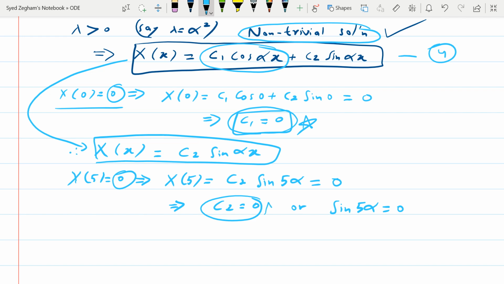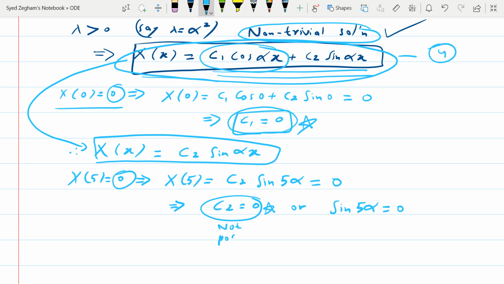If you take C2 also as 0, this solution will become 0, which will be a trivial solution. So this case, that C2 is also 0, is not possible, and we reject this possibility.